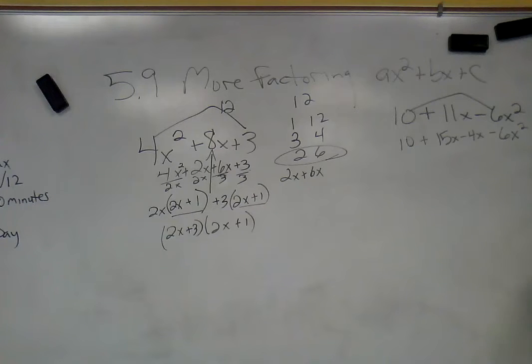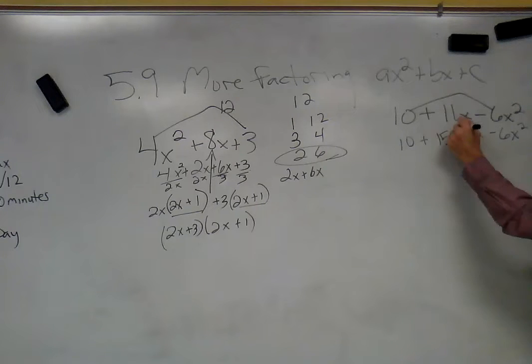Sometimes it's helpful because you're just not able to see it, so you write them out and go, okay, yeah, that adds up. For this one, we would have had to write down 1 and 60, 2 and 30, 3 and 20, 4 and 15, 5 and 12, 6 and 10. You could write them all out. But if you're able to see it, you do not always have to show every single step, but sometimes it's helpful to do it.